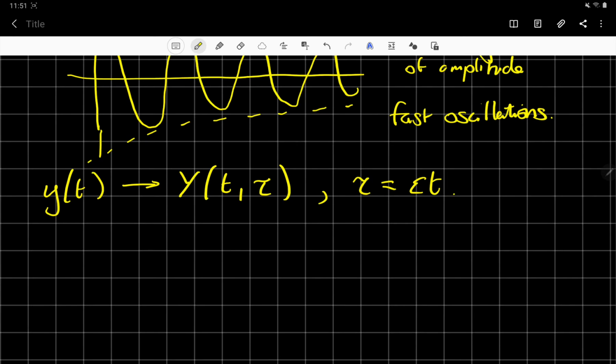Okay, we're going to do the same thing here, but we're going to make an assumption. So we're going to assume that we can write y of t and tau as a product. So we're going to say it's a product of u of tau and v of t.